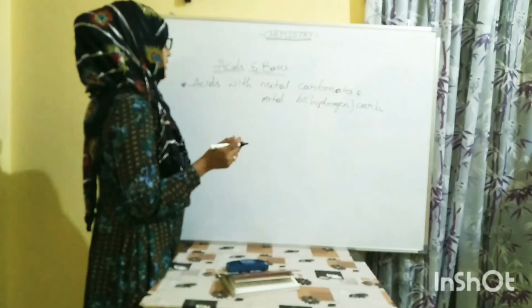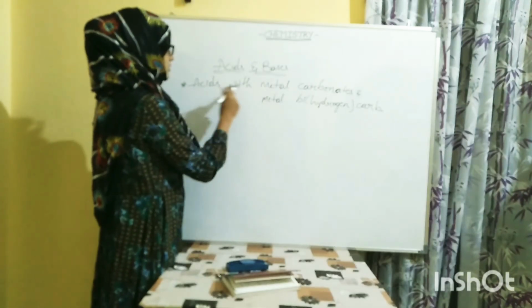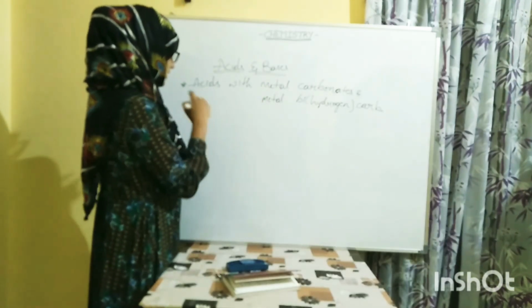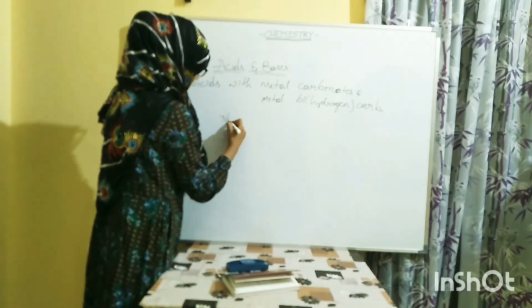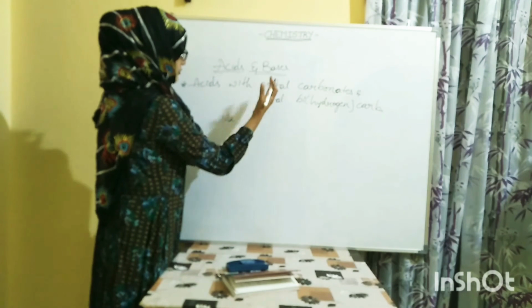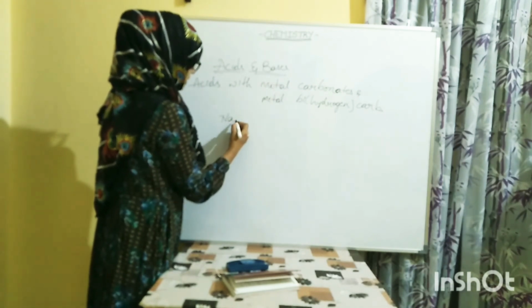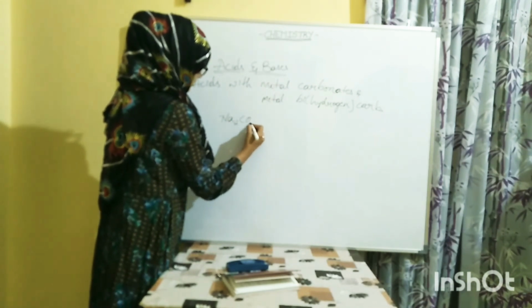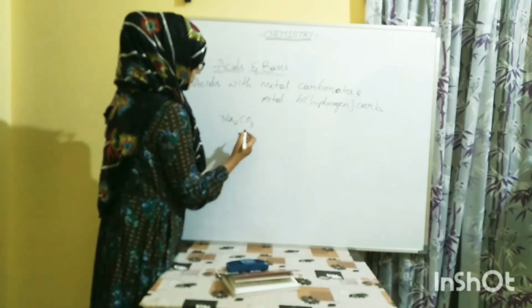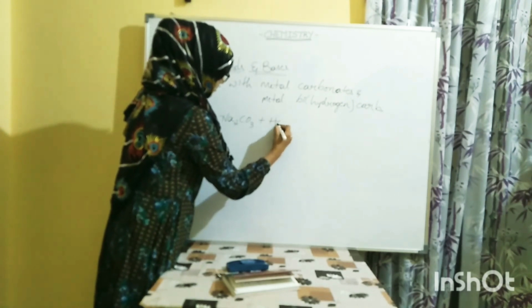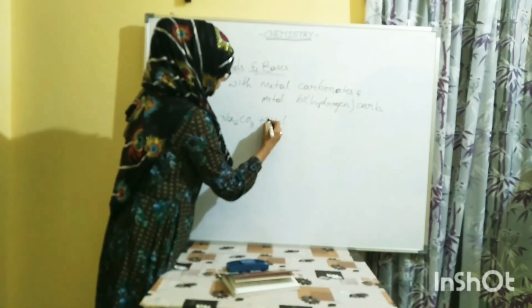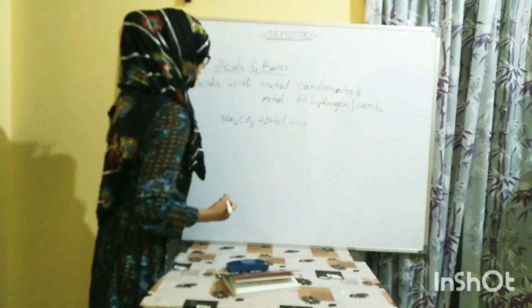Next we will see the reactions regarding this. Here also an acid is treated with a metal carbonate. If we take the example of HCl, first we take the example of a metal carbonate, that is, sodium is a metal. Metal carbonate, this is sodium carbonate, plus HCl, which is an acid.